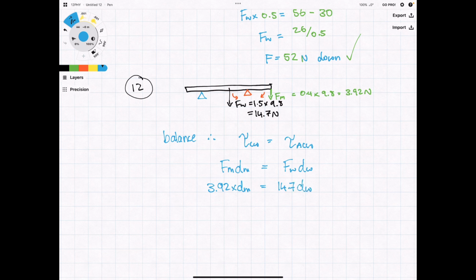All right, we're going to try and simplify it down. So we're going to divide both sides by 3.92.